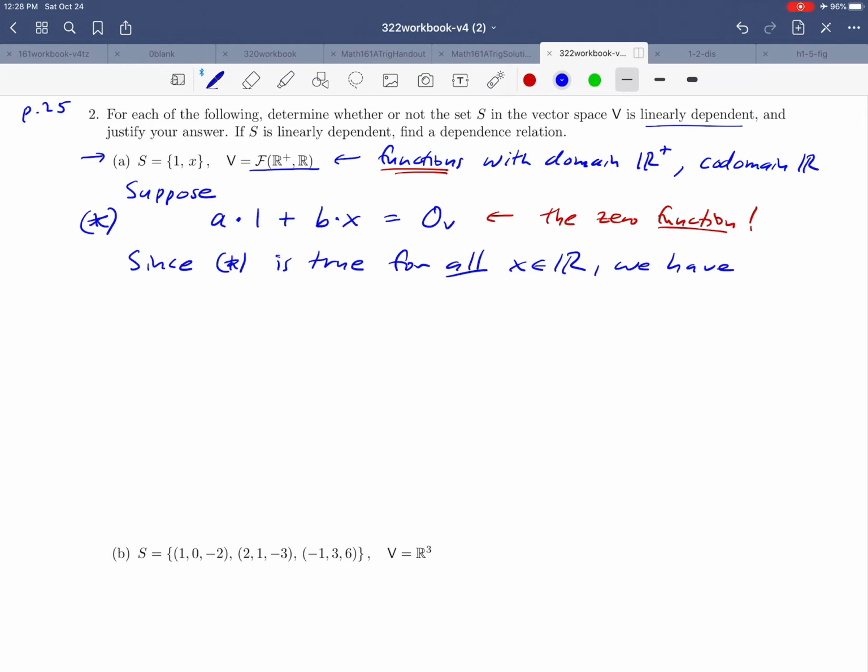So I'm just going to pick a couple of reasonably nice x values. What's your very favorite number? My favorite number right now is x equals 0, because if we substitute it in, we're going to get a really simple equation. We'll get a times 1, looking back up here and substituting x equals 0, plus b times 0 is equal to the 0 function.